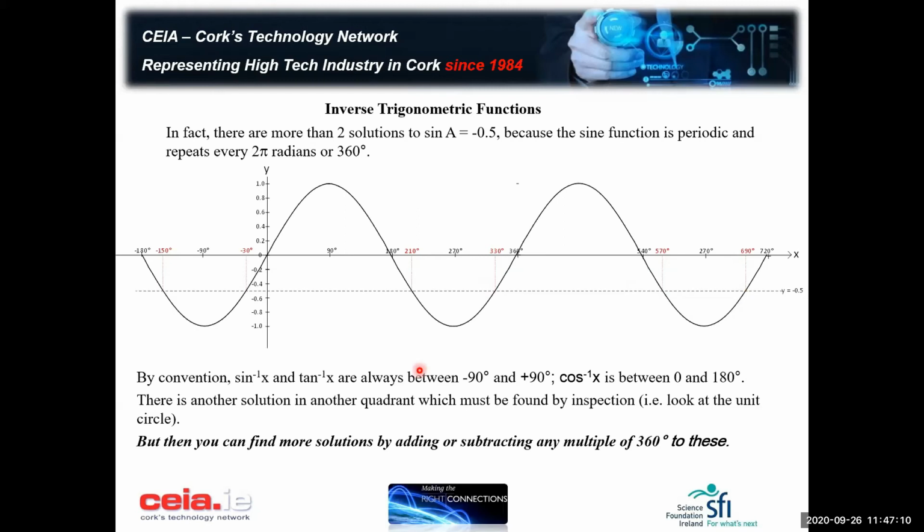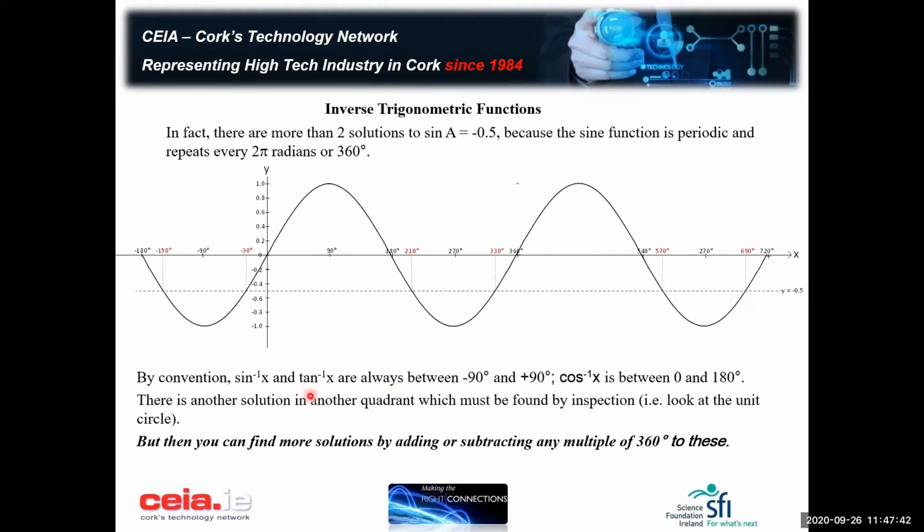And it's also minus 30 plus twice 360, and so on. Every period of this sine wave, from here to here, is described as a period, and there's a second period. Every period repeats itself, and so you pick up those same two solutions, but offset by 360 degrees, or some multiple of 360 degrees.